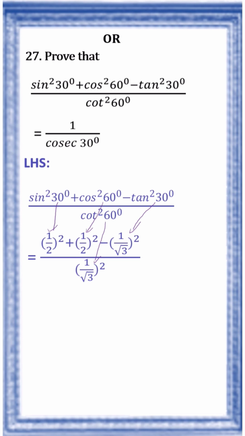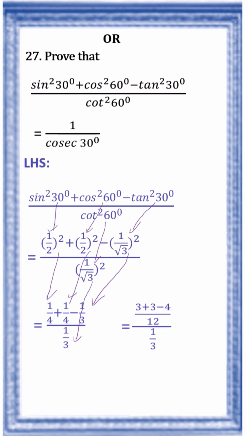Now let us expand. Half the whole square is 1 by 4. This is also 1 by 4. This is 1 by 3. This is also 1 by 3. In the numerator, LCM is 12. 4 into 3 is 12, so 1 into 3 is 3. Again 1 into 3 is 3. 1 into 3 is 3.